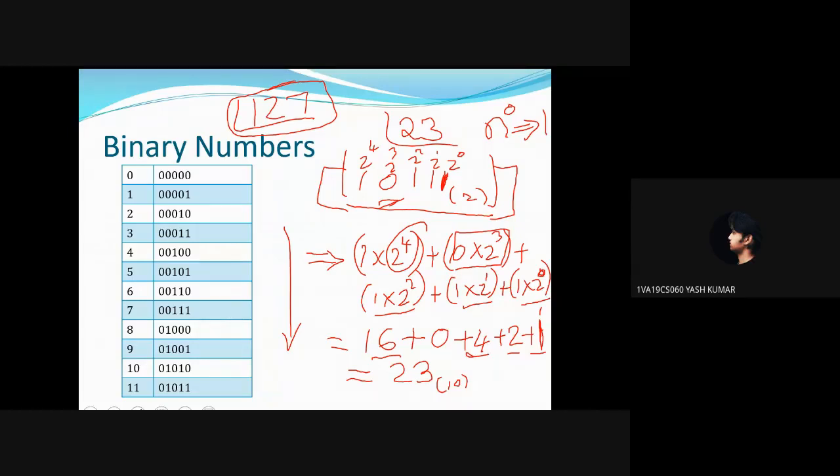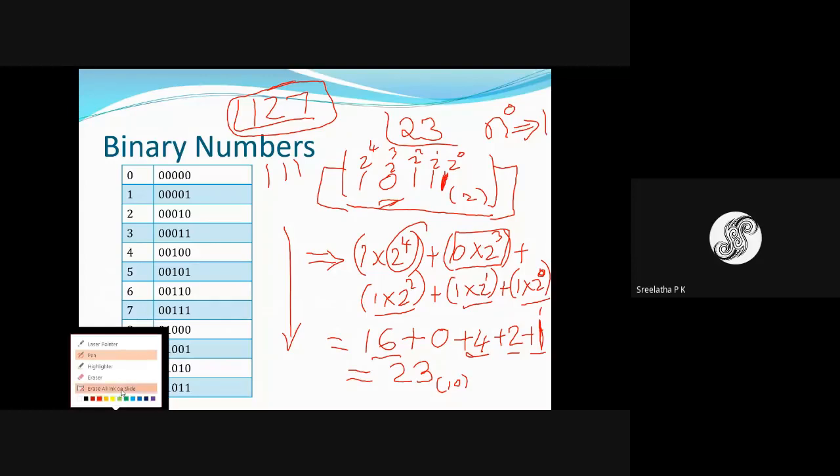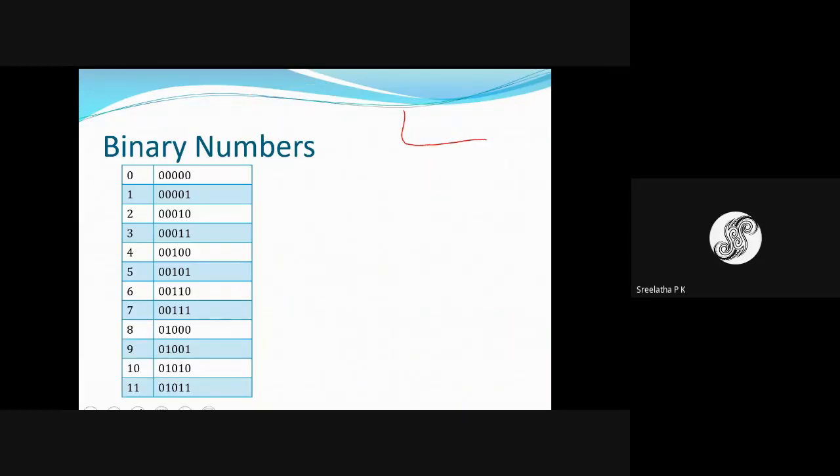Oh, 7 ones, ma'am, because it is 2 raised to the power 7, minus 1. Okay, so the binary of 127 is 1 1 1 1 1 1 1, seven ones.